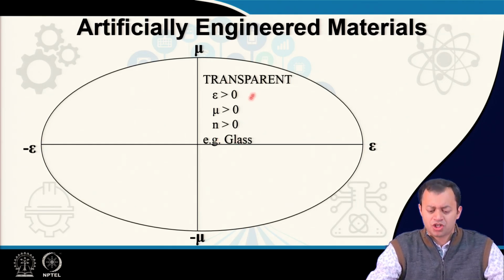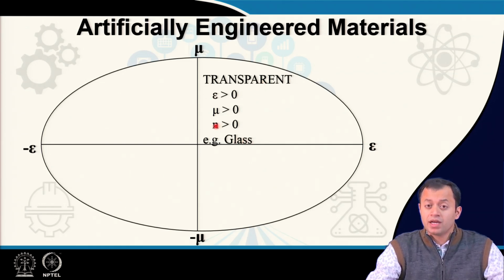Several naturally occurring materials fall under this category, where both the magnetic part as well as the electric part of the refractive index, remember N is equal to root over epsilon mu, is greater than 0. Both are positive, and you have a transparent medium, for example glass.